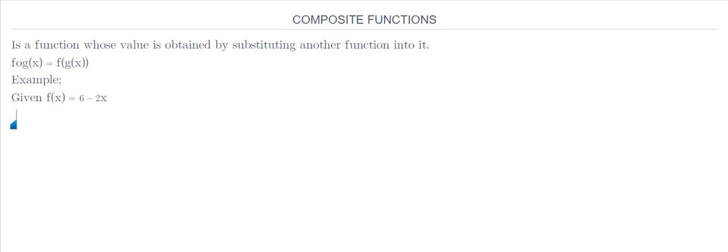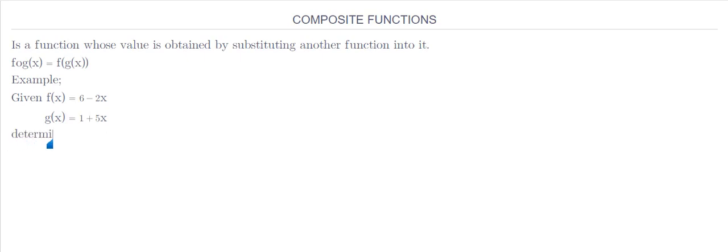Also, g of x is equivalent to 1 plus 5x. Then our question now comes.